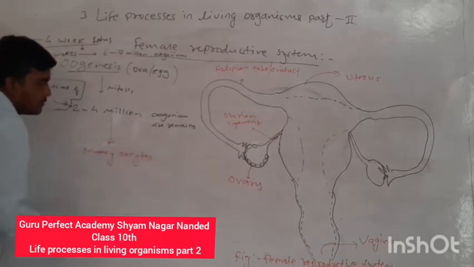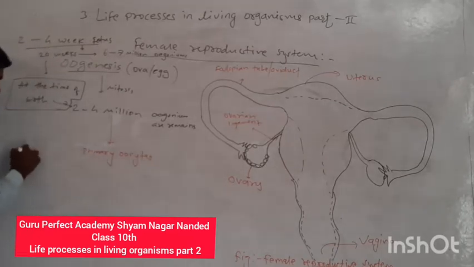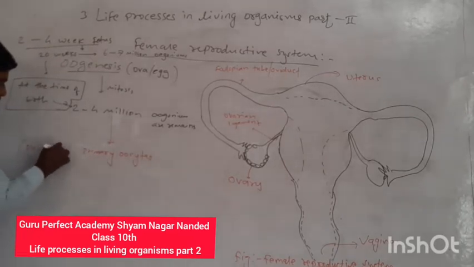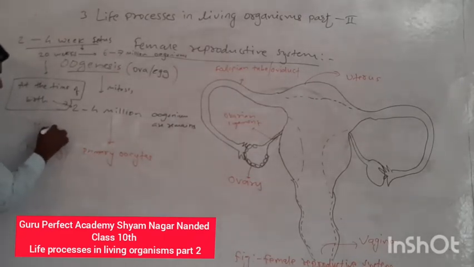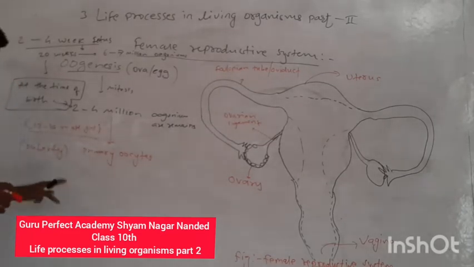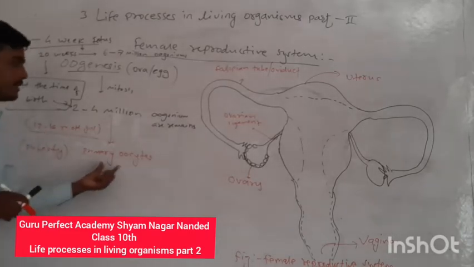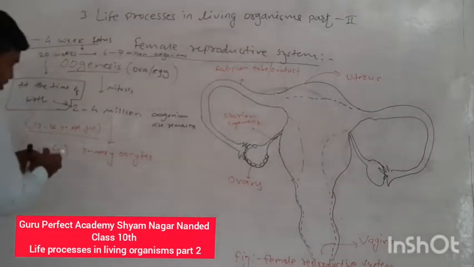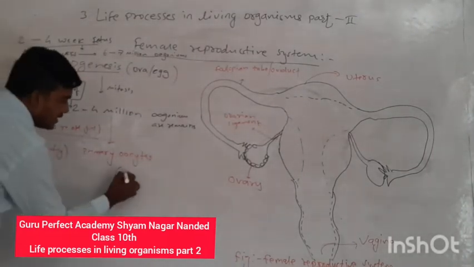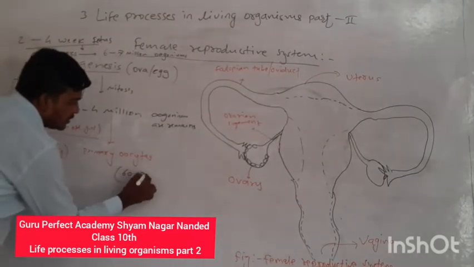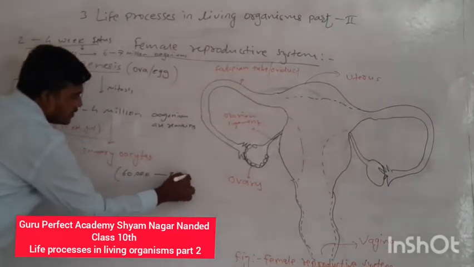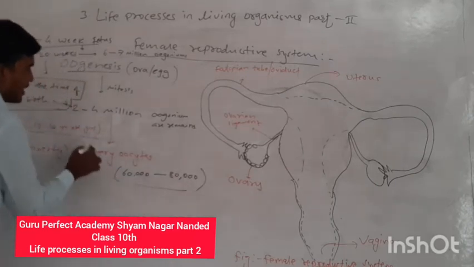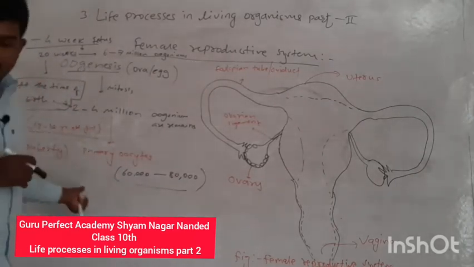These are converted into primary oocytes at the stage of puberty, means 12 to 16 year old girl, human female. At this stage they have primary oocytes, and how many are there? Approximately 60,000 to 80,000 primary oocytes remain.